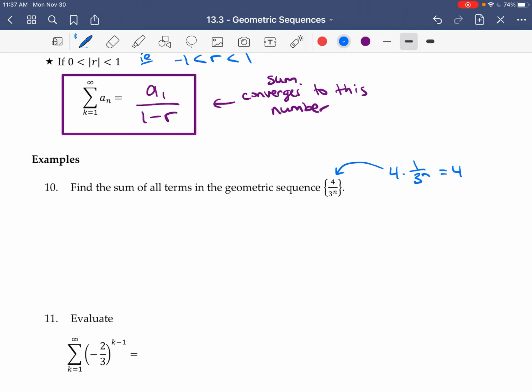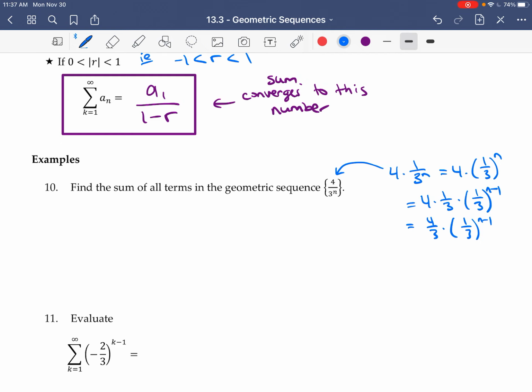But in my geometric sequence, the powers are n minus 1. So what I could do is 4 times 1/3 times 1/3 to the n minus 1. I can take out one of them, so that means it's 4/3 times 1 over 3 to the n minus 1.